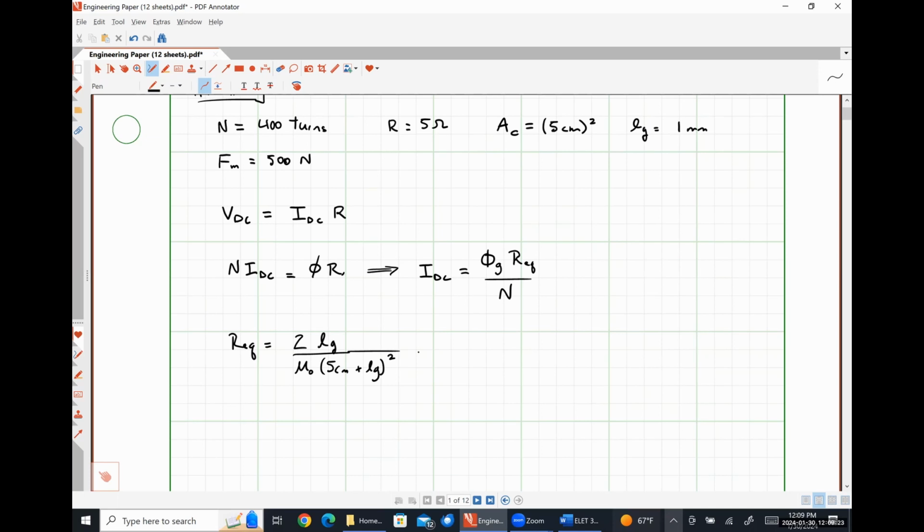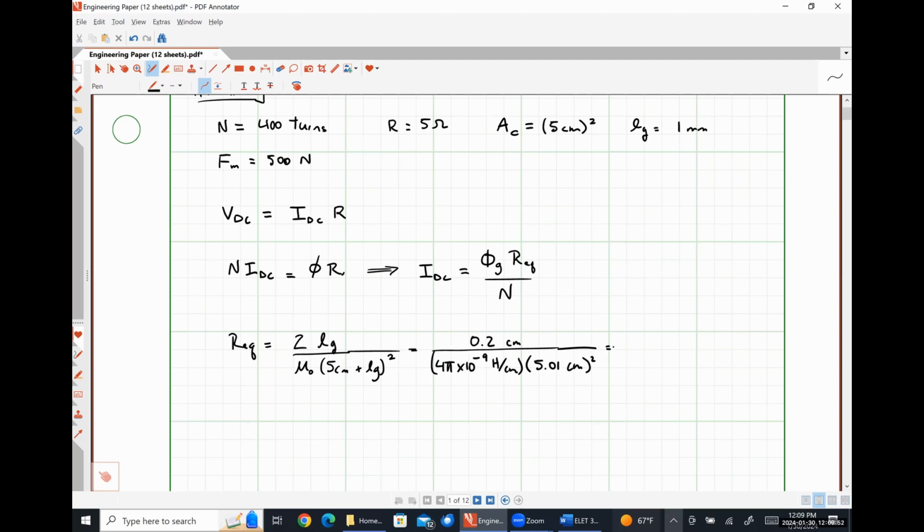So putting numbers into this, that's going to look like 0.2 centimeters divided by 4 pi times 10 to the minus 9 henries per centimeter times 5.01 centimeters squared.